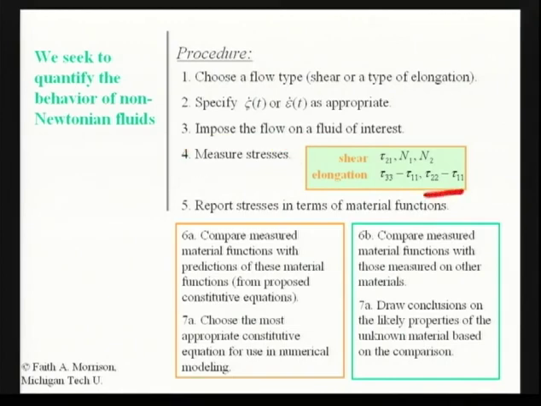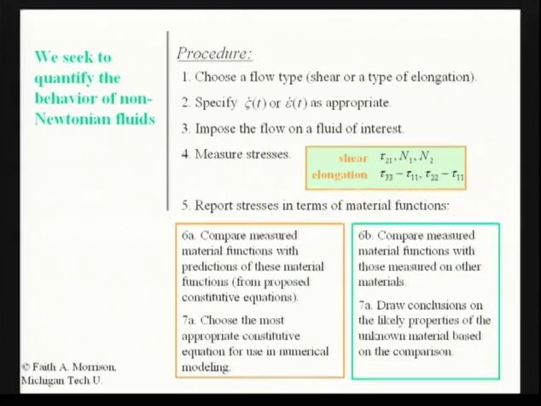You know now what the stresses look like. In shear flow, there are 3 stress quantities, and in elongation, there are 2. And then you're going to report your results in terms of the material functions that I'm going to define next week. Those material functions are the end of the ASTM sort of standard.